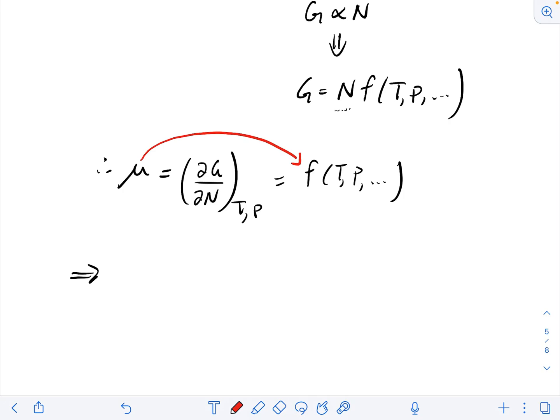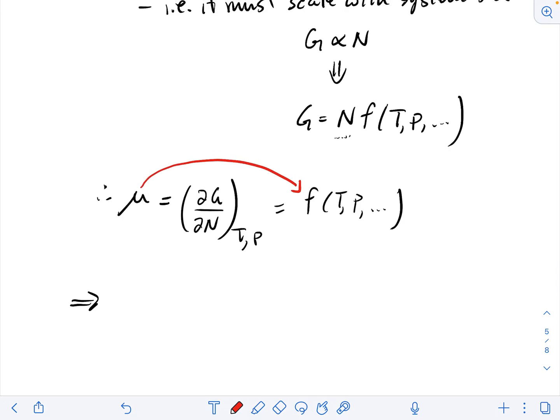And so if G is N times f, and f is the chemical potential, then we could write that G is N times the chemical potential. So what we've worked out is that mu is equal to this function f, which furthermore implies that the Gibbs free energy is also N times the chemical potential.